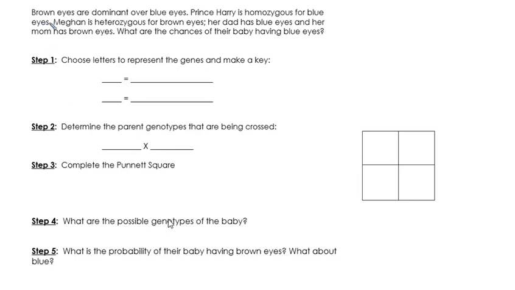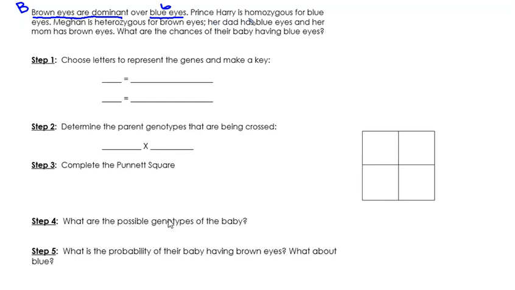It says, brown eyes are dominant over blue eyes. So we need to know what's dominant and what's recessive. Since brown eyes are dominant, and brown starts with the letter B, a capital B is going to show brown. And since blue eyes is recessive, we're going to use a lowercase b.